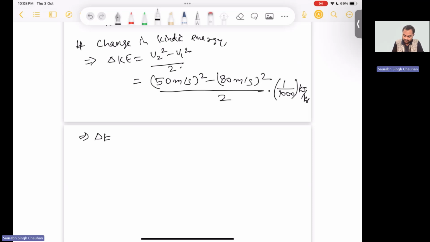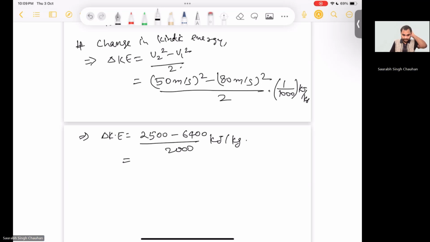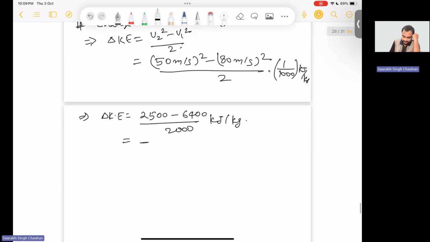This value comes out to be minus 1.95 kilojoule per kg.